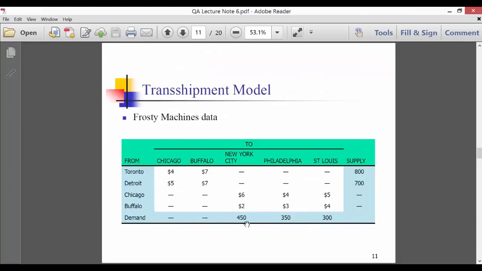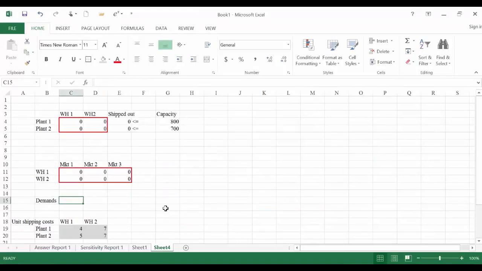For New York City it requires 450 units to be shipped in, Philadelphia requires 350, and St. Louis requires 300. So all this information is given.